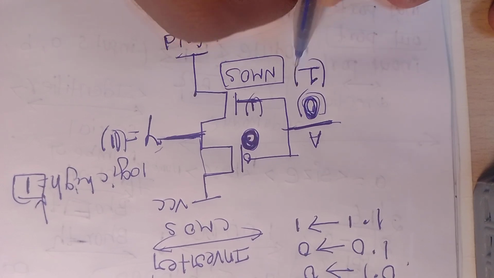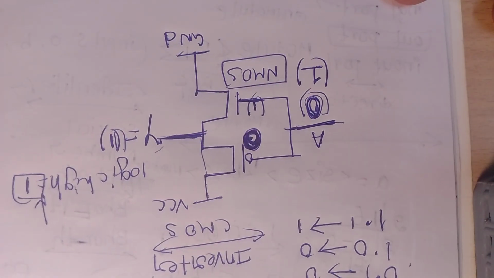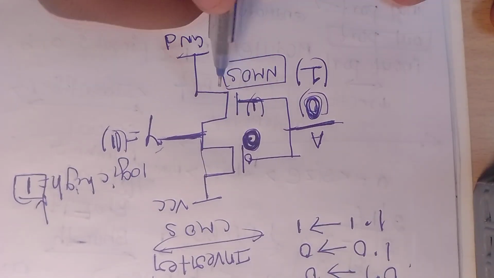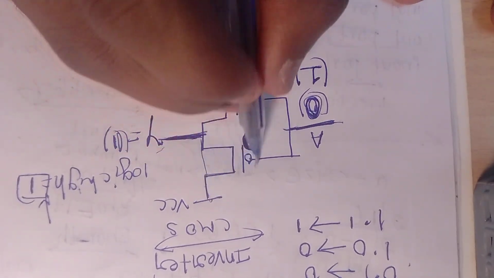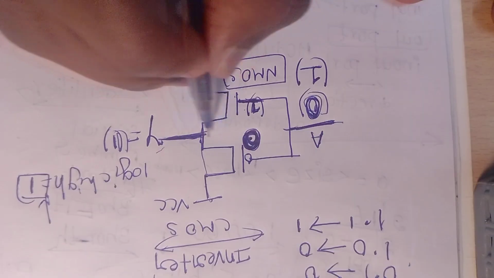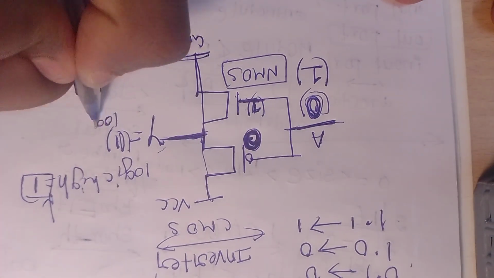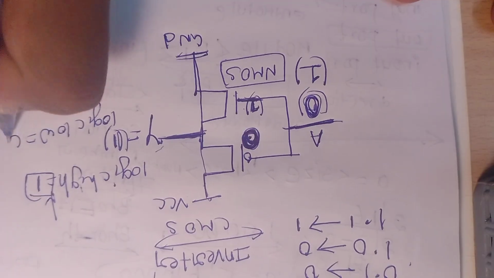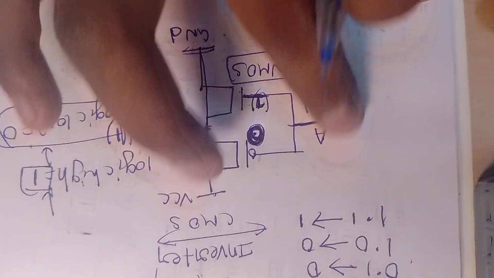If you provide 1, the PMOS will be disabled, because the PMOS is active for 0, but you are providing 1, so this 1 goes over here. You don't get any VCC over here, so this will connect to the ground, and we will have logic low, which is 0 only. So this is how the inverter has been designed.